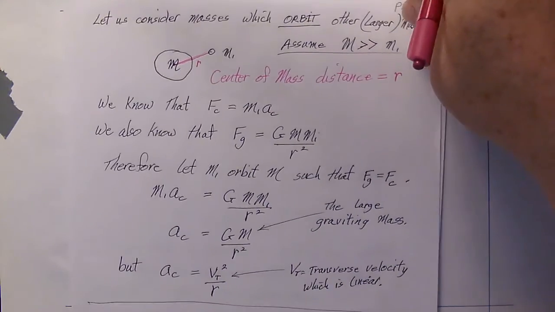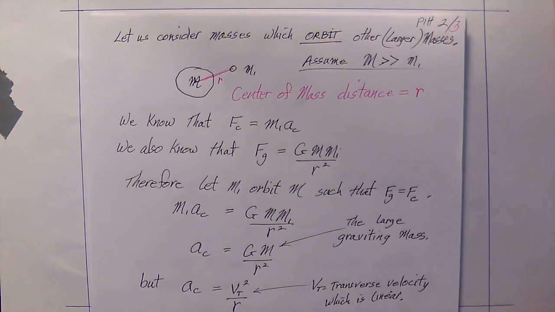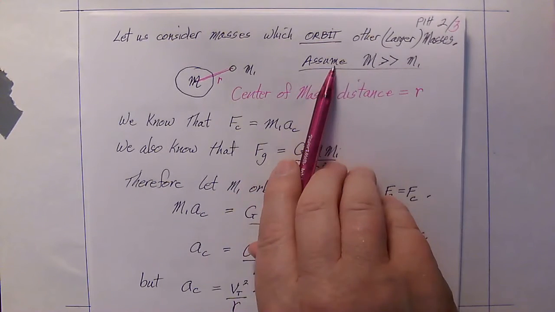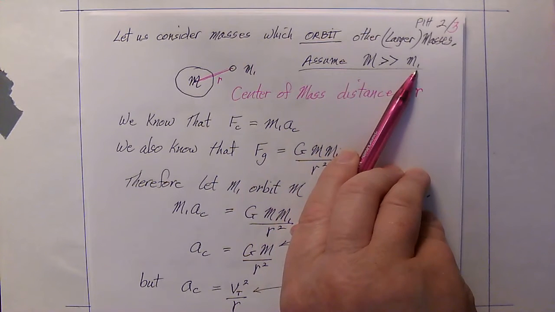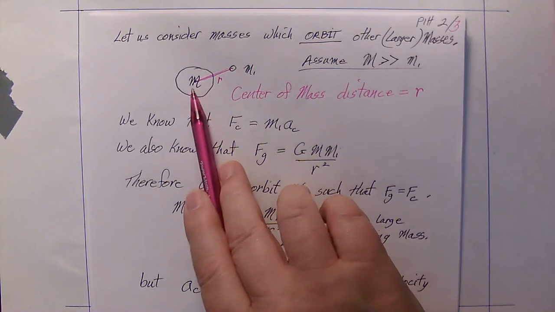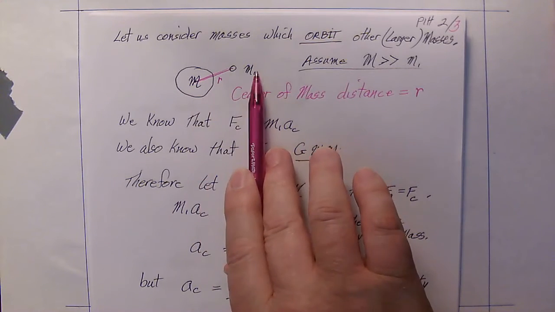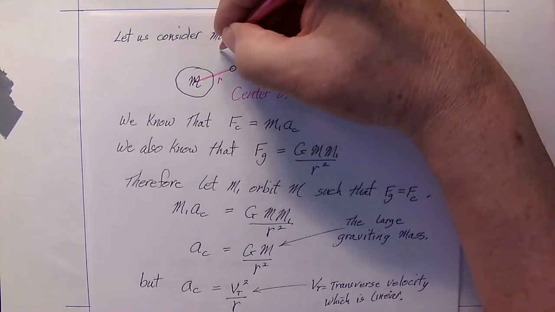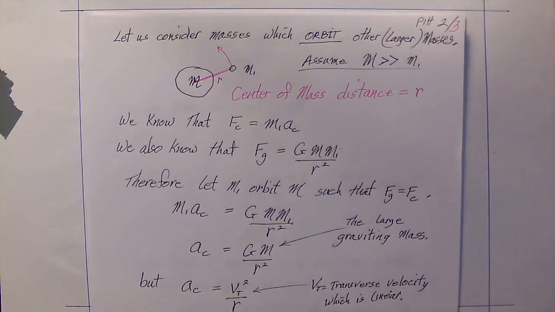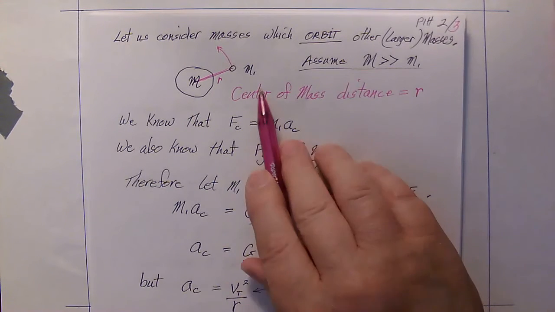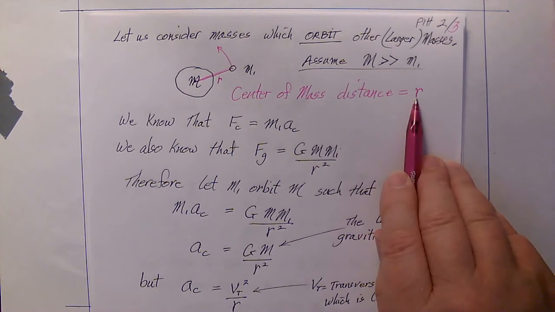Now let's continue. Consider masses that orbit other large masses. Now we have to assume that M is much, much greater than m1, because M is the gravitating mass, the large mass, and m1 is orbiting around M. So the center of mass distance from M to m1 is r.